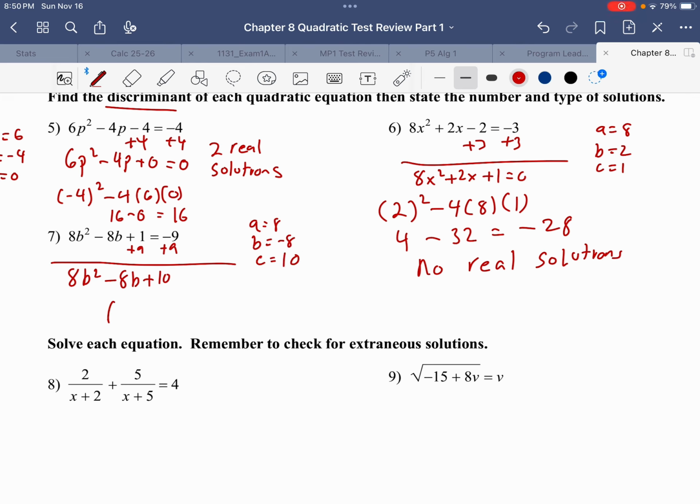So I've got negative 8 squared minus 4 times 8 times 10, or 64 minus 320. This would be negative 256. So again, no real solutions. If the discriminant was equal to 0, then there'd be 1 real solution.